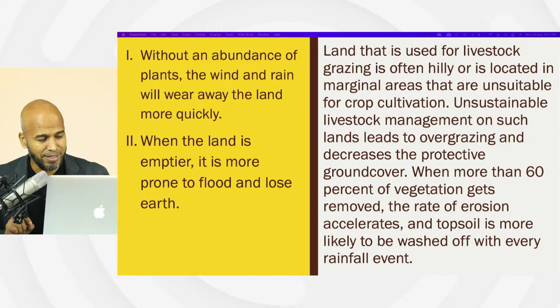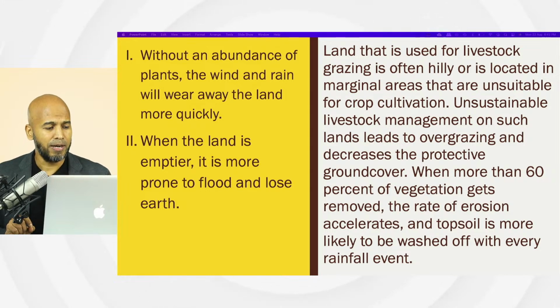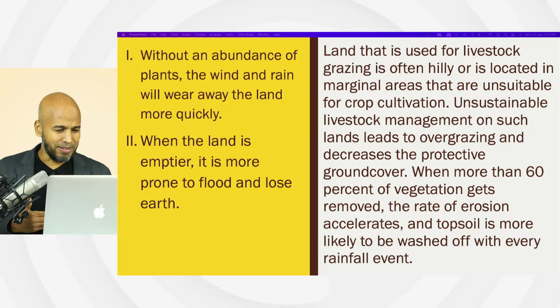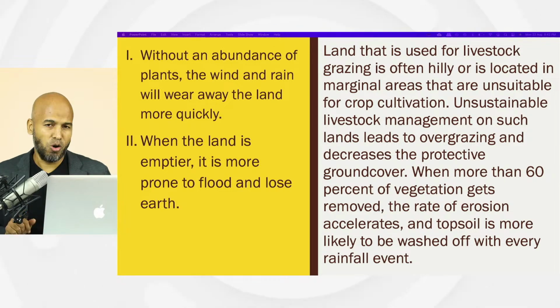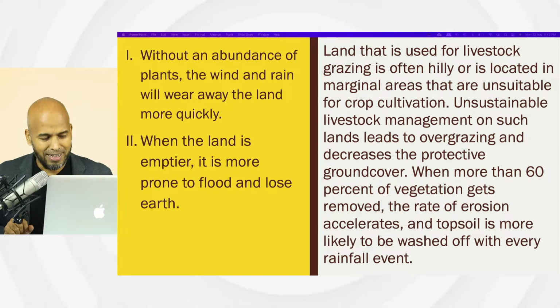But number 2 says it is more prone to flood. You know, we don't see flood in the hilly areas. For overgrazing, there is less chance of flood due to heavy rainfall or whatsoever.